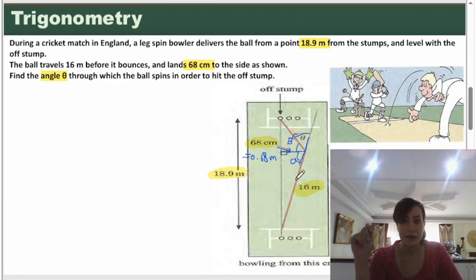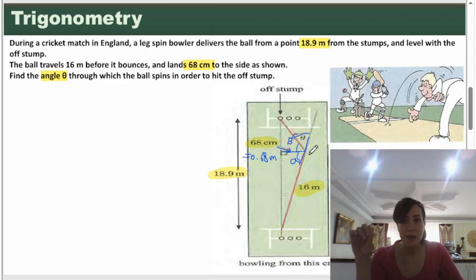Here we see it creates a right-angled triangle, and I have the length of the hypotenuse. So I can use the sine and cosine rules to find alpha and beta.